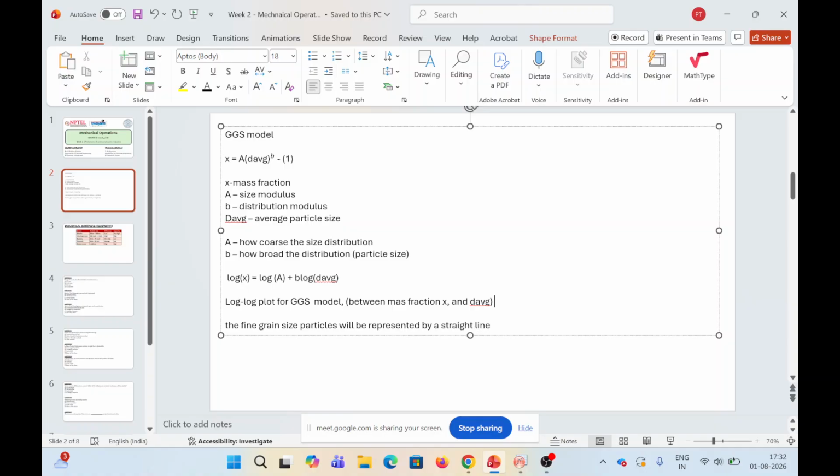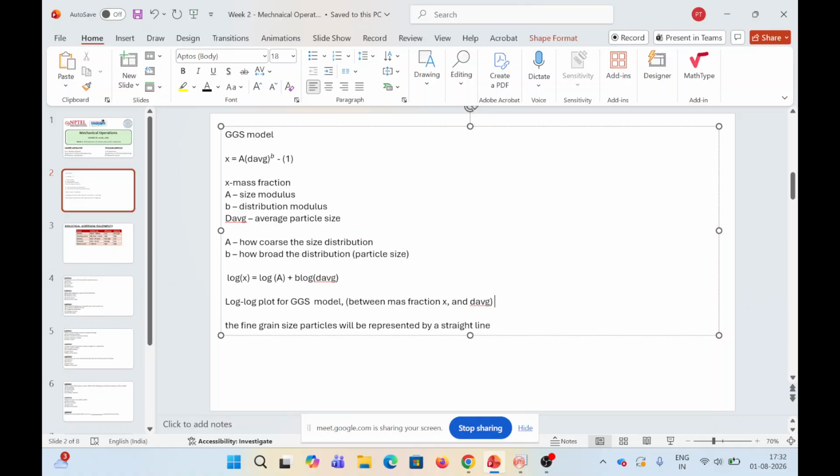That straight line basically represents the fine grain size particles. If you are not able to see a straight line, then there could be a problem related to the data acquisition or the way you have performed the experiment.